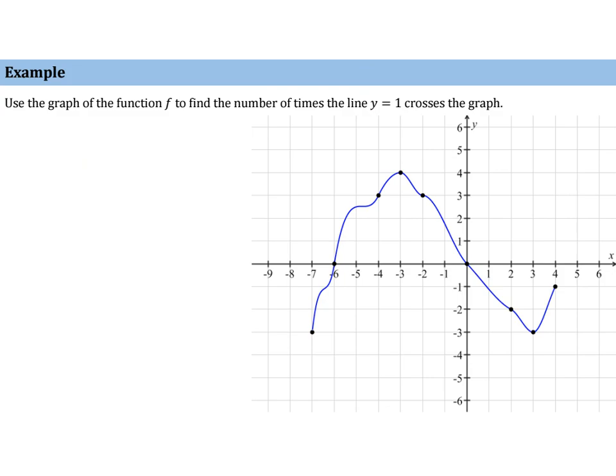Now, let's find the number of times where we cross y equals 1. So where does the line y equals 1 even occur? Y equals 1 here, but not only there, anywhere along this horizontal line.